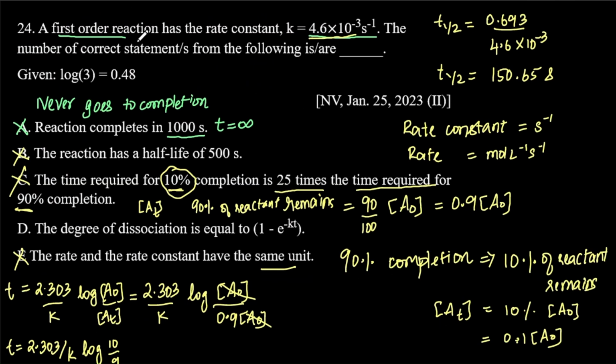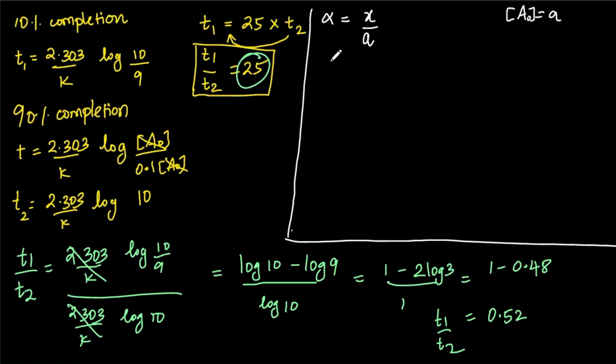It is already given in the question that it is a first order reaction. So for a first order reaction, the rate constant is equal to 2.303 by T log of the initial concentration divided by the concentration at time T. As already told, we are going to represent the initial concentration as A, and the concentration at time T is, from the initial concentration, some amount of the reactant is consumed, so A minus X. Now we can change this logarithm into natural logarithm.